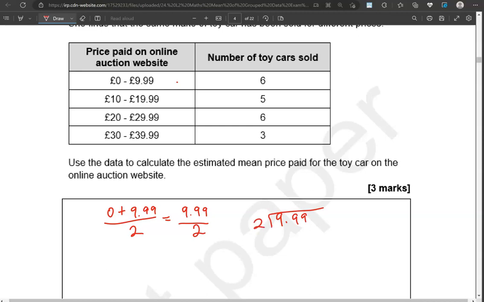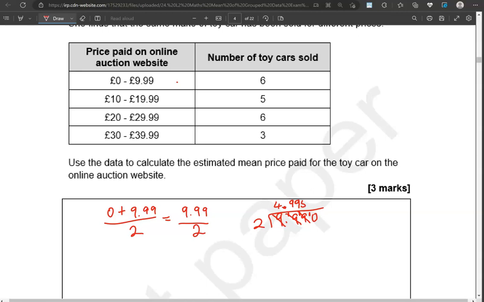That is 4, and we have 1 remaining. Transferring the decimal point over to the answer. So how many 2's now into 19? That is 9, because 9 times 2 is 18, and we have 1 remaining. How many 2's into 19? Again, that is 9, and we have 1 remaining. Putting a 0 down. How many 2's into 10?